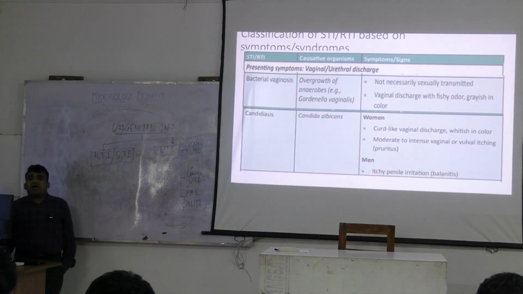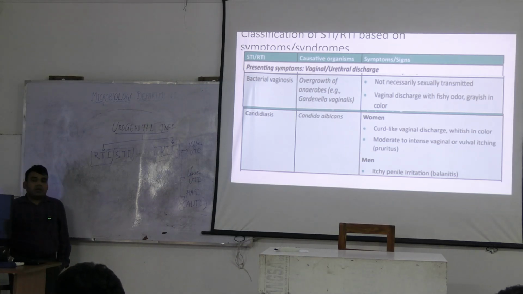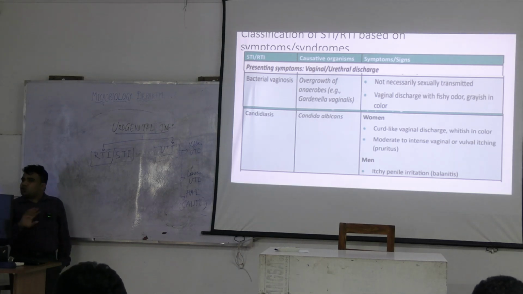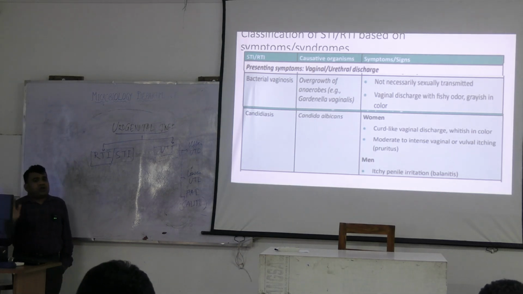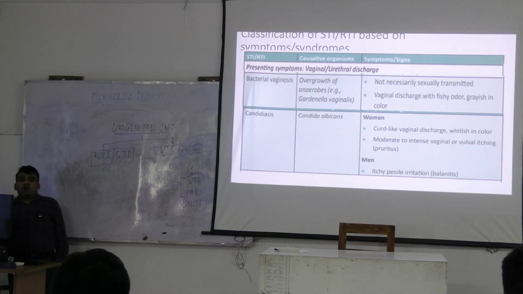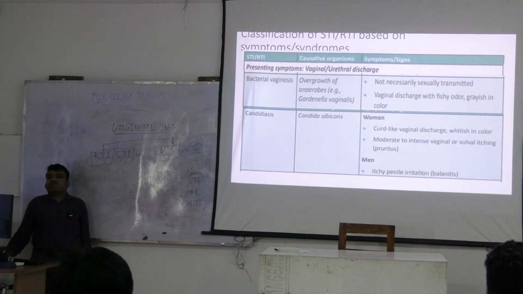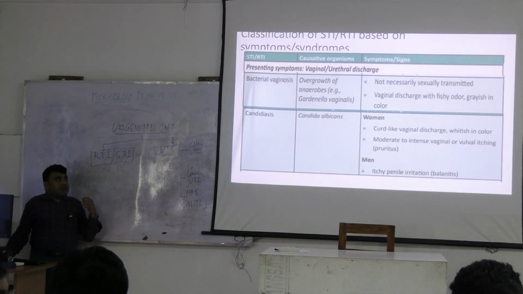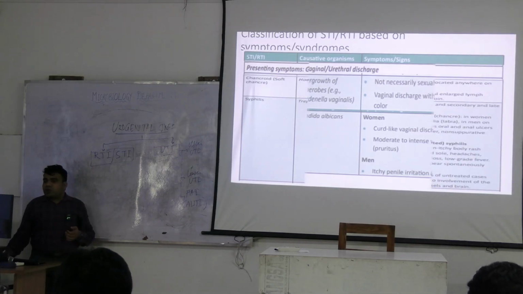Again, in case of females, along with vaginitis, we can have vaginosis. This is different from vaginitis. Vaginitis means inflammation, whereas vaginosis means there is no inflammation. It is just the alteration of the flora of the vagina. Because of the alteration there is alteration of the pH, which leads to discharge. And it could be candidiasis. In vaginal candidiasis, again because of alteration of the pH of the vaginal flora, there might be overgrowth of candida leading to discharge.